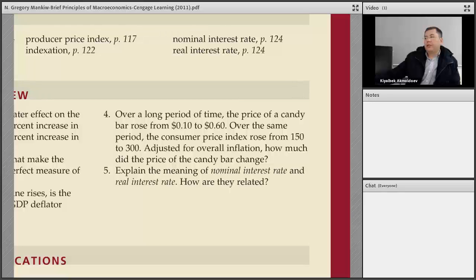Over a period of time, the price of a candy bar rose from 0.1 to 0.6. Over the same period, the consumer price index rose from 150 to 100. Adjusted for inflation, how much did the price of the candy bar change? Explain the meaning of nominal interest rate and real interest rate, and how they are calculated.